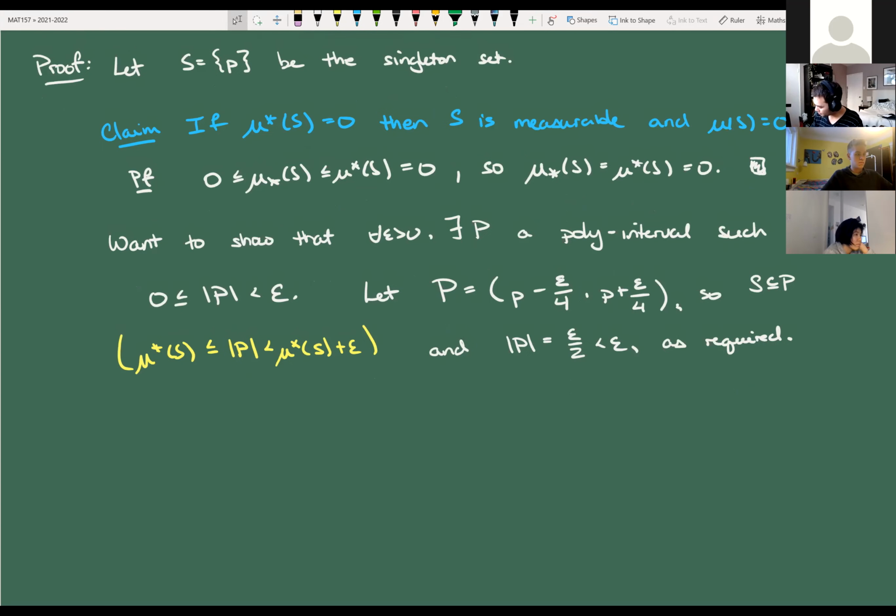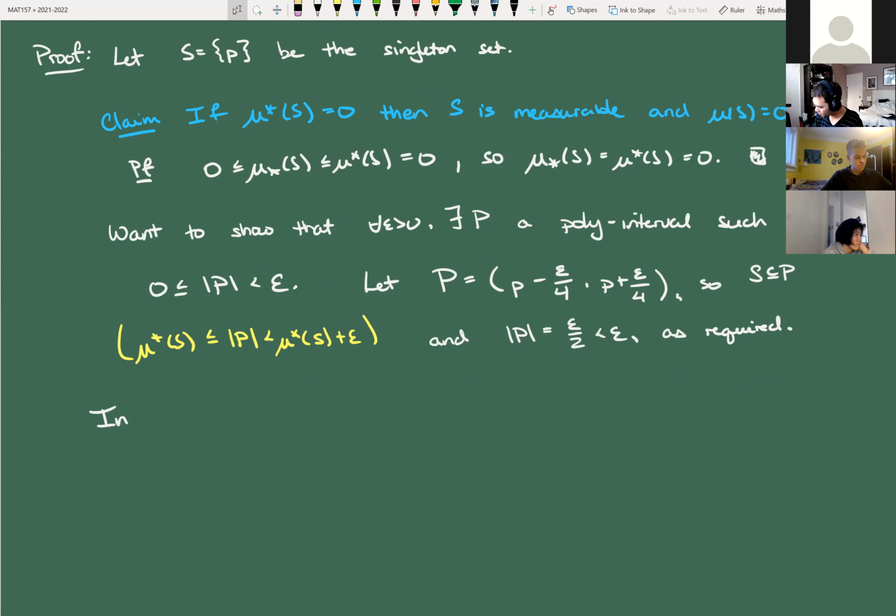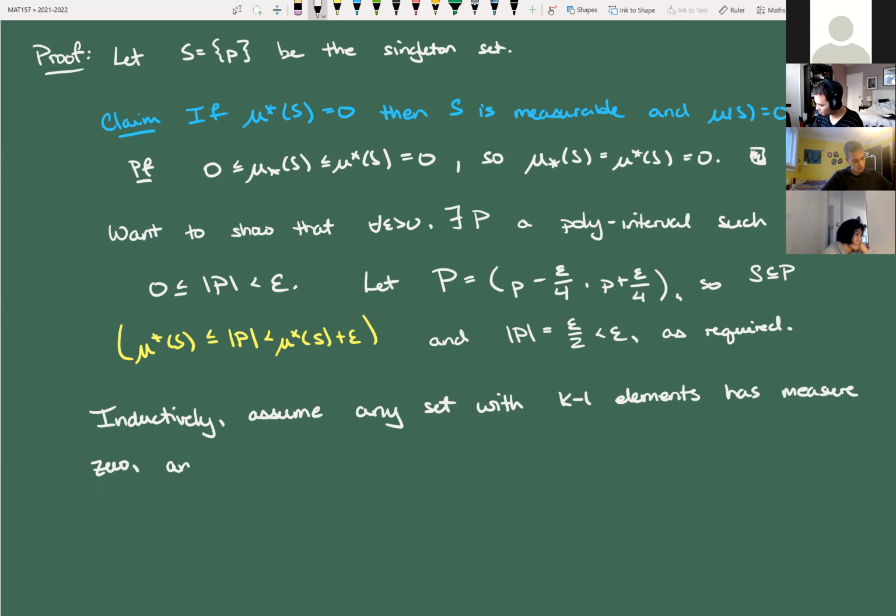So now, inductively, we're going to assume any set with k minus 1 elements has measure 0. And let's take our set now to have k elements, p1 through pk.